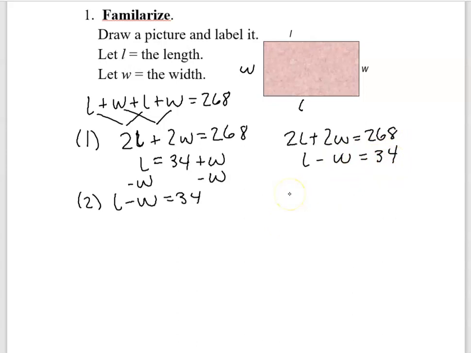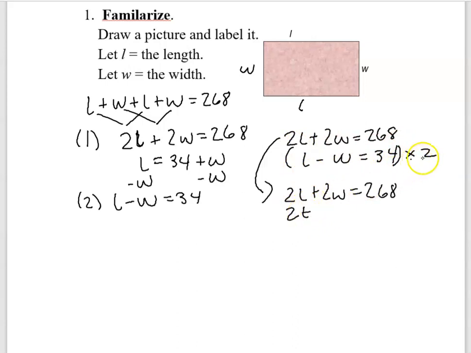Okay, so it looks to me like these two, one of them's already positive and one of them is already negative. So I could make this be a -2 really easily if I multiply this bottom row by 2. I'm just going to rewrite the top row. Now I'm going to multiply everything in the bottom row by 2.